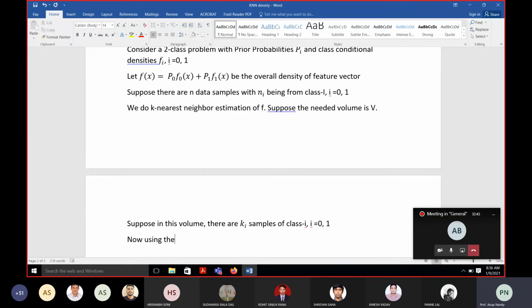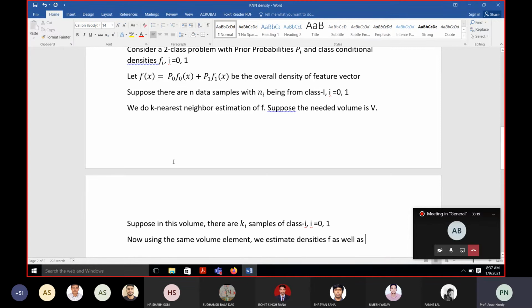Now using the same volume element for these k0 samples for class 0 and k1 samples for class 1, we estimate densities f as well as f actual, and another is the estimated.